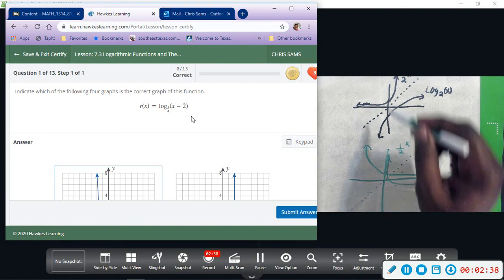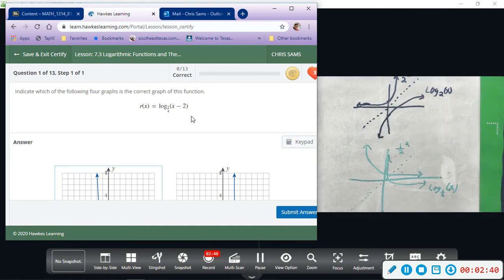So once you have an idea of what the general shape looks like, we can do the shifts and translations and figure out which one is correct. Okay, so based on what we've talked about, base 1/4 would be like this. So I'm looking for a graph that's doing this. Now it has x minus 2, which means this graph is going to get shifted right 2 units.